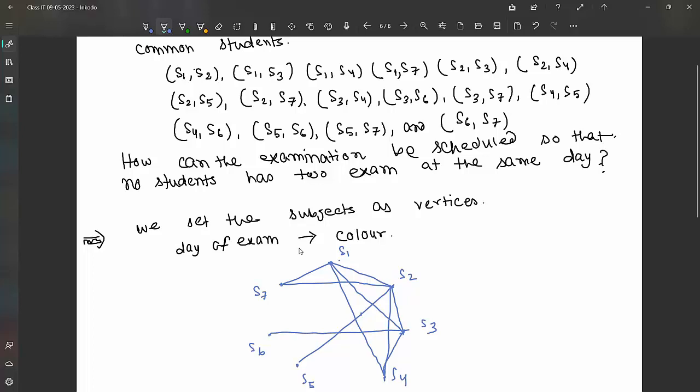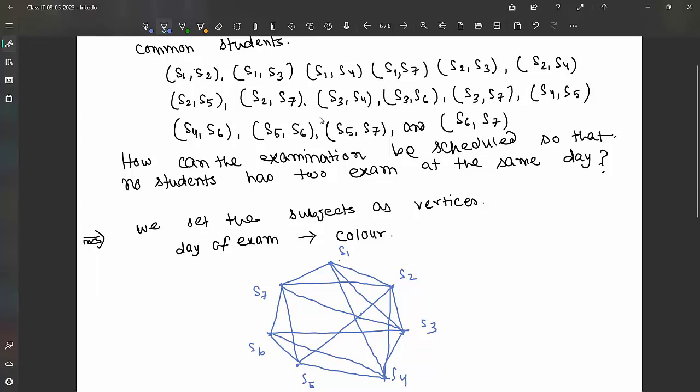Then S3 to S7. And after that, S4 to S5. Then S4 to S6. Then S5 to S6. S5 to S7, and then S6 to S7. So this is the graph.